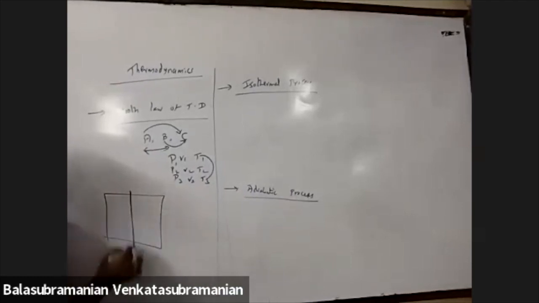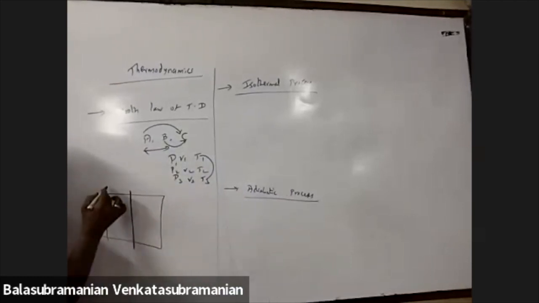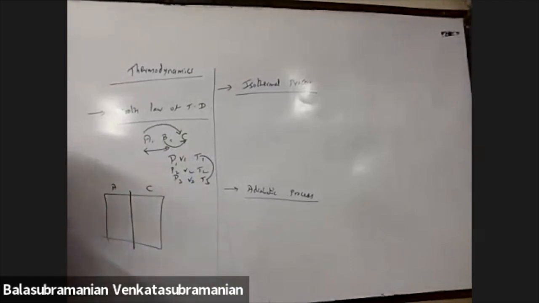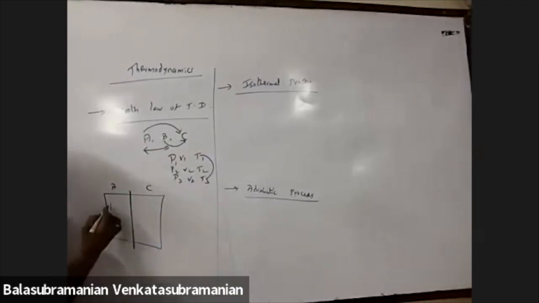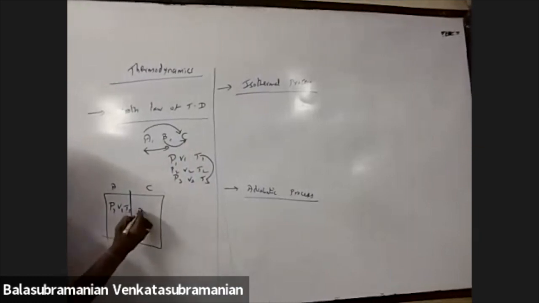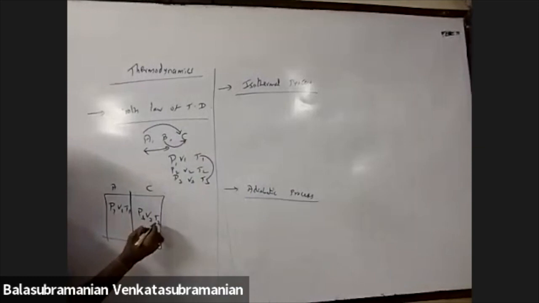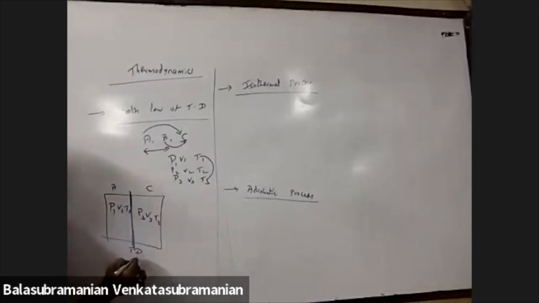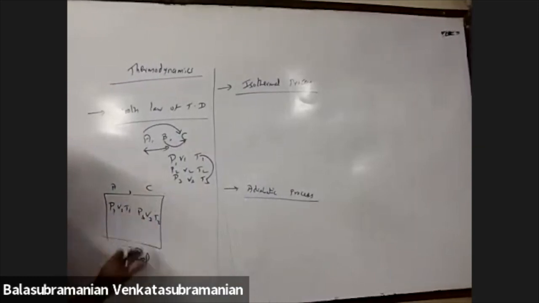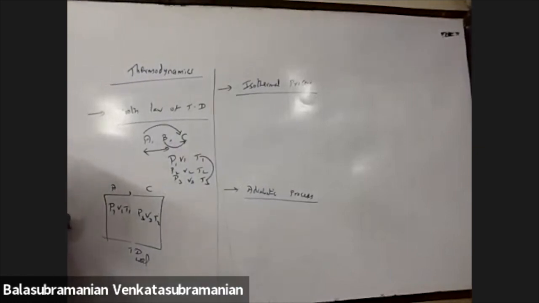This is the thermodynamic wall. System A, system C. Pressure P1, V1, T1. Pressure P3, V3, T3. This is the thermodynamic wall. Remove this wall. Same gas. Remove this wall. What will happen?